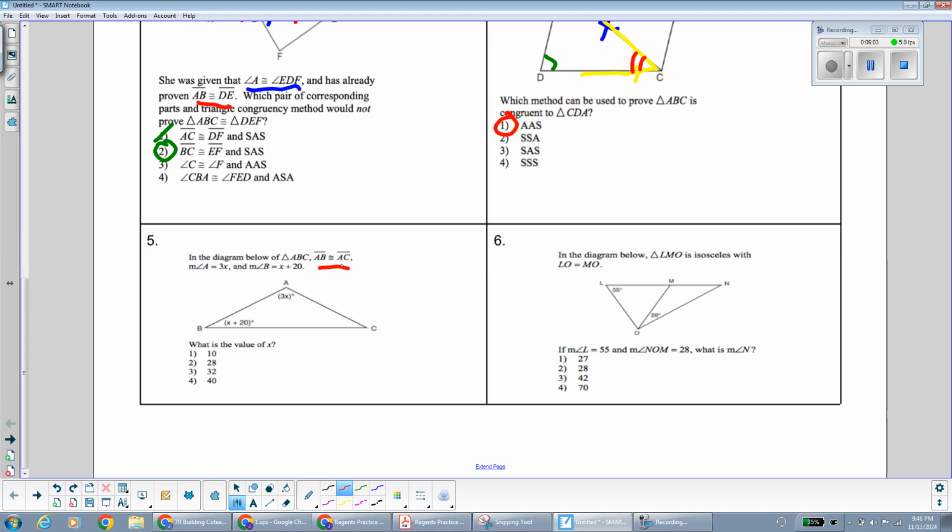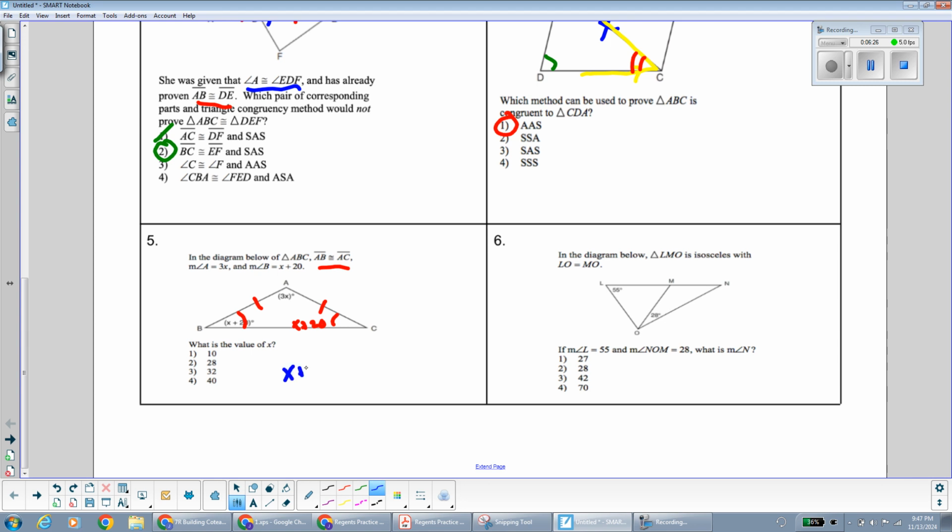Over here in this question, we're told that AB is congruent to AC. If a triangle has two equal sides, the angles opposite those sides, so this angle and this angle, are congruent. So if there's an x plus 20 here, this one is also x plus 20.